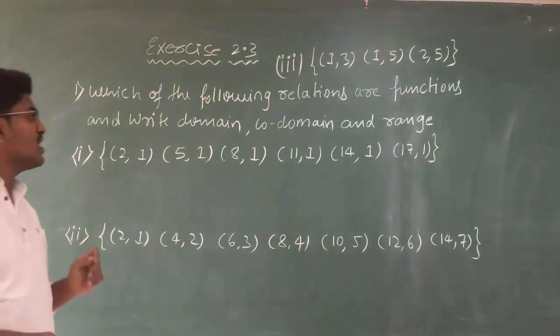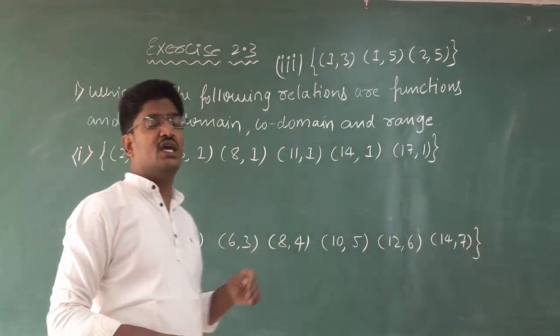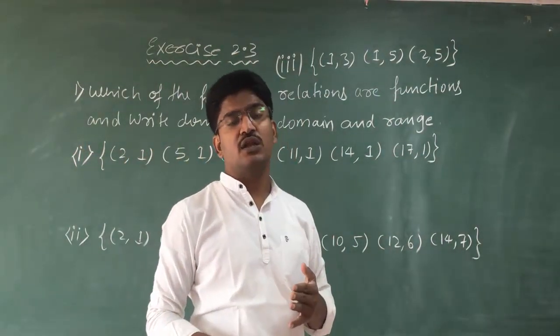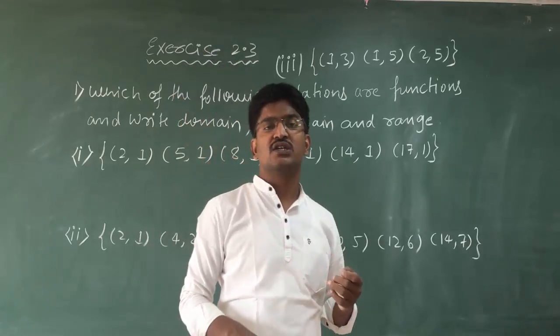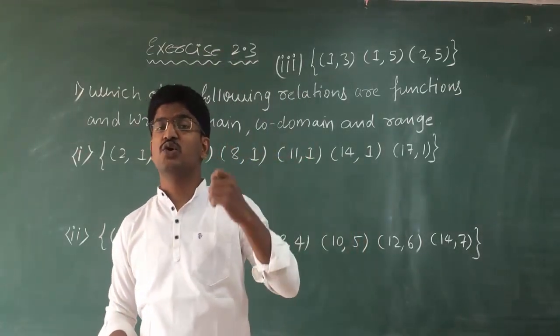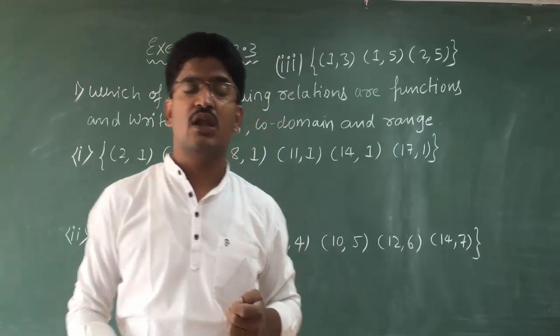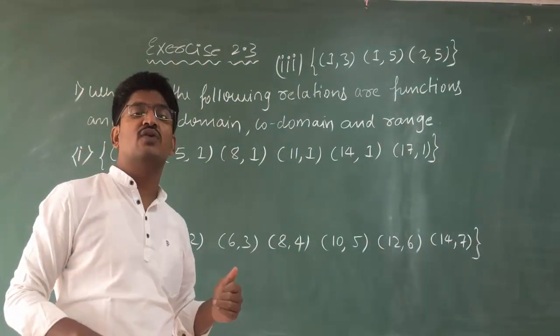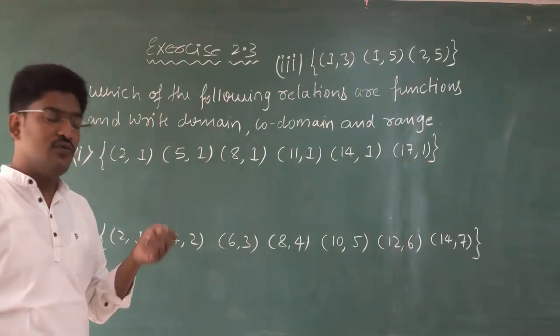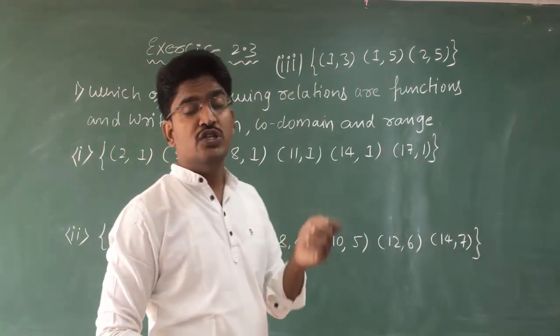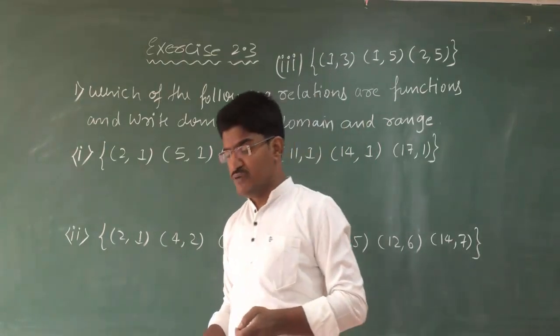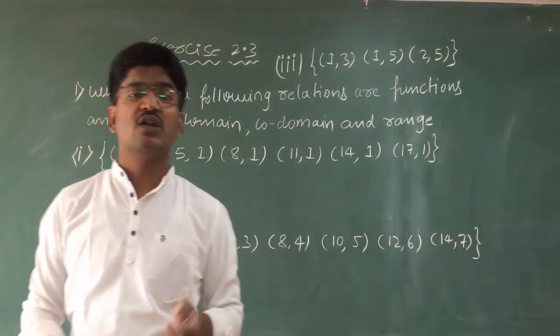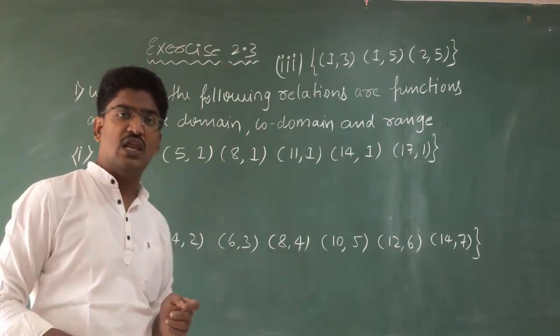That means they are asking us to verify the condition of function. So they have already given the relation, and from that we have to check which of these three is going to be a function and which is not. Clear?